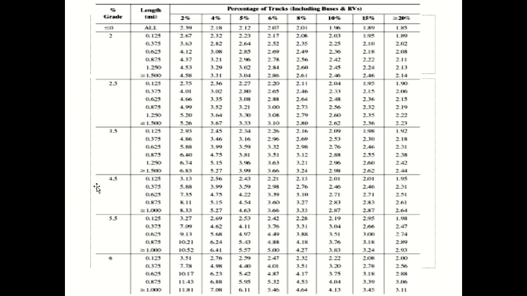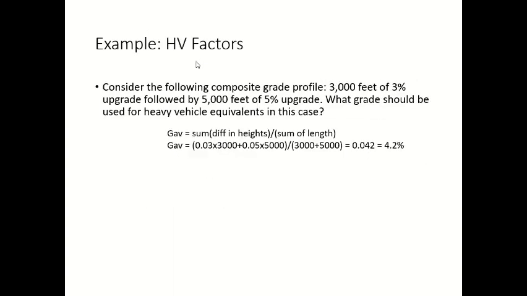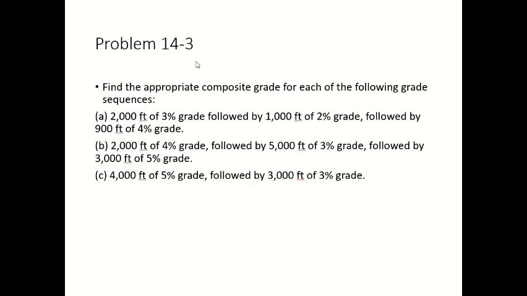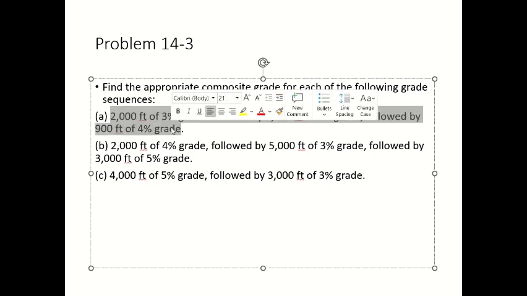And then you have to convert 8000 to miles because this is in miles. Clear? So if I need the EHV factor and somebody gives me multiple gradients, I'll convert those multiple values into an average and use that average for EHV. Clear? There are some examples that I told you, and you can see in this example they are using 3. So you will calculate 3 differences of heights upon 3 lengths. Clear?